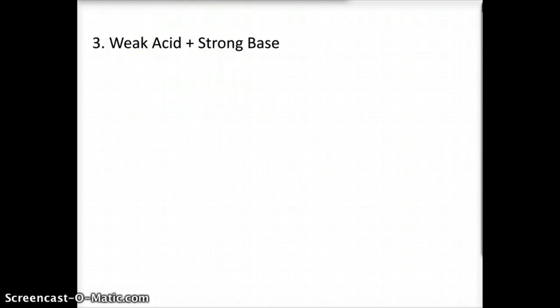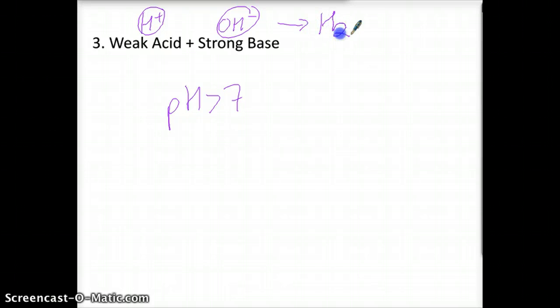With a weak acid and a strong base, the pH in general is going to be greater than 7 after they mix. Because it's for the same reason, but in the opposite direction. Once these guys are interacting to form water, which we know is neutral, eventually, since the weak acid is going to run out of hydrogen ions before you run out of hydroxides, there's going to be leftover OH minus at the end.